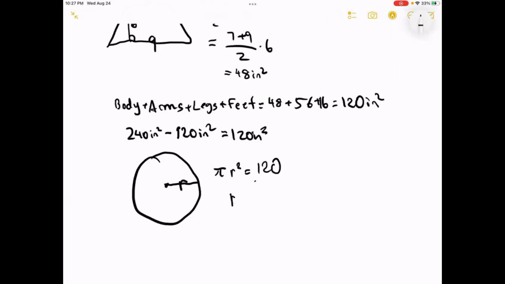And solving for r, we get r squared is 120 over pi, so r is equal to the square root of 120 over pi, which is our answer.